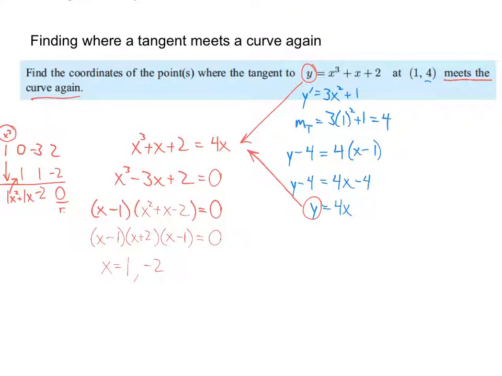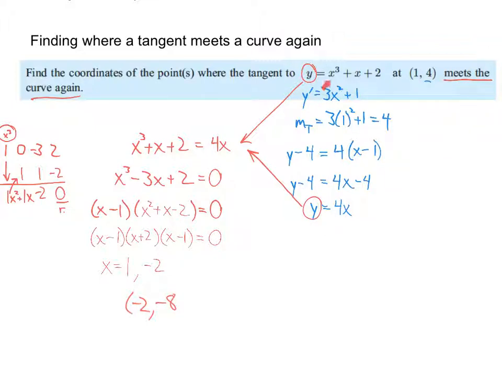Well, it asks for the point, right? So we only have an x coordinate. So the point should be negative 2 something. And just to double check your answer, you can plug it into the line and into the original function, and we should get the same y coordinate, right? So negative 2 times 4 is negative 8.